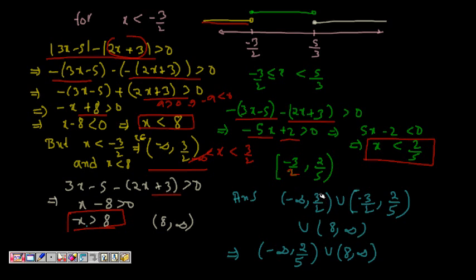So now we see this minus 3 by 2 is here also, so we can combine these and it becomes minus infinity to 2 by 5 and 8 to infinity, okay. So this is our solution that x is less than 2 by 5 or x is greater than 8, okay.